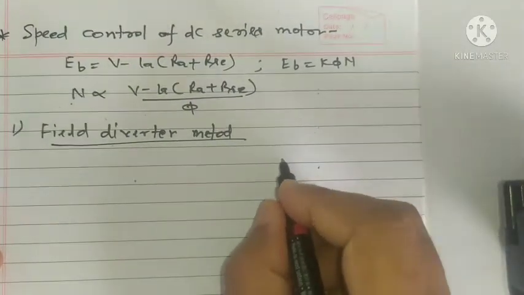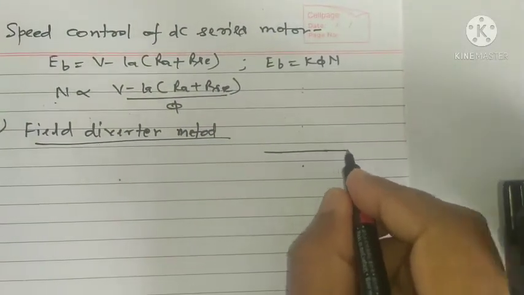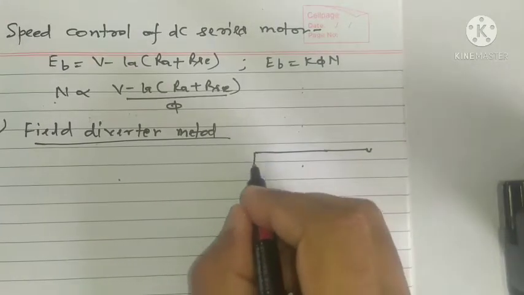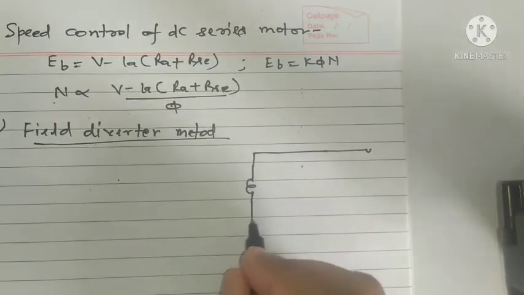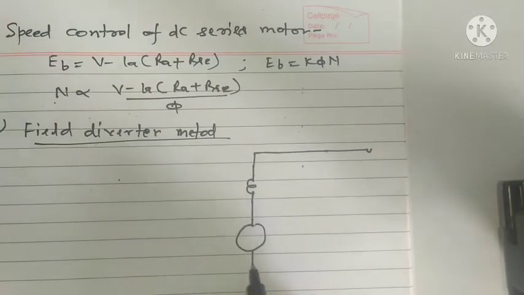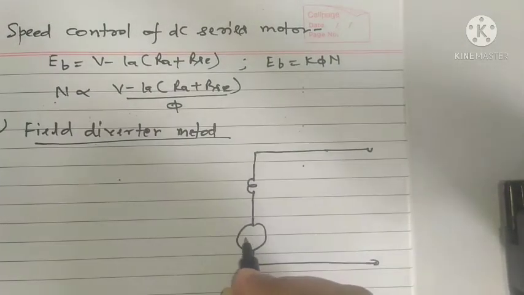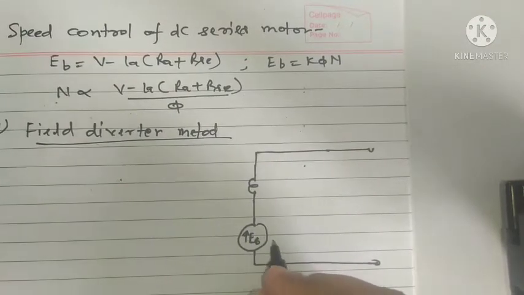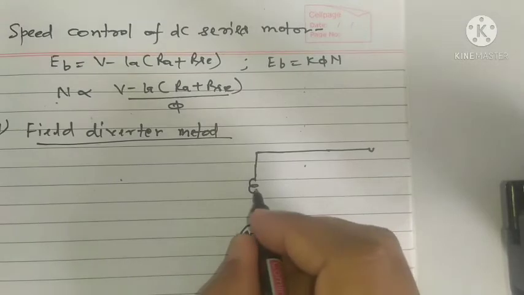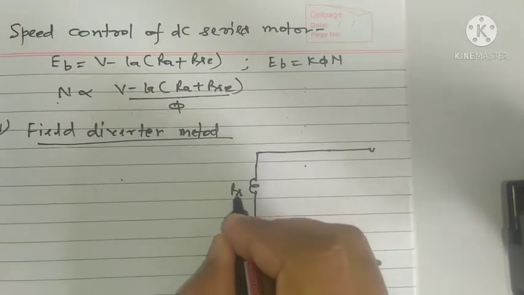So here I got this series motor. This is armature EB, resistance RA, and here resistance is RSE.